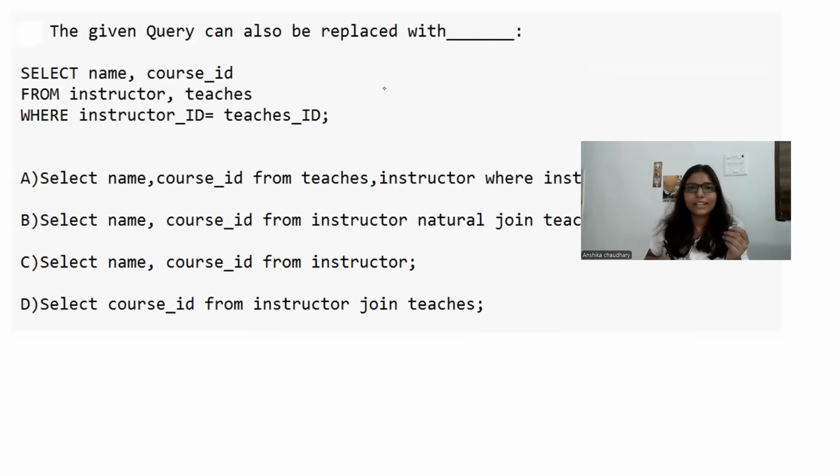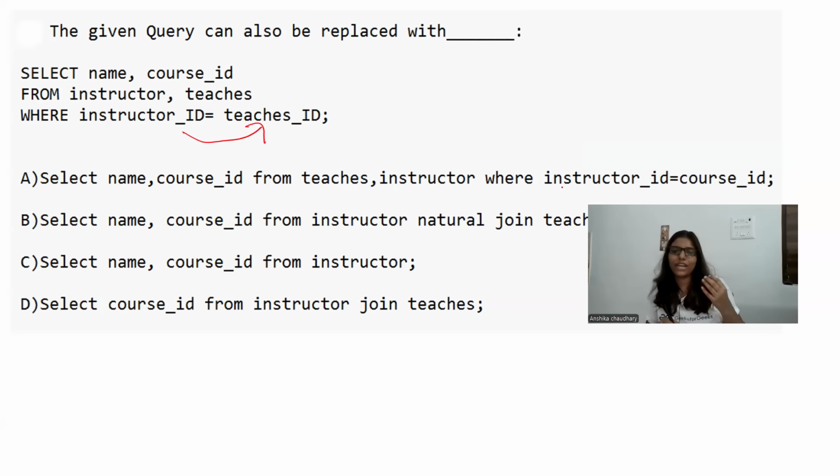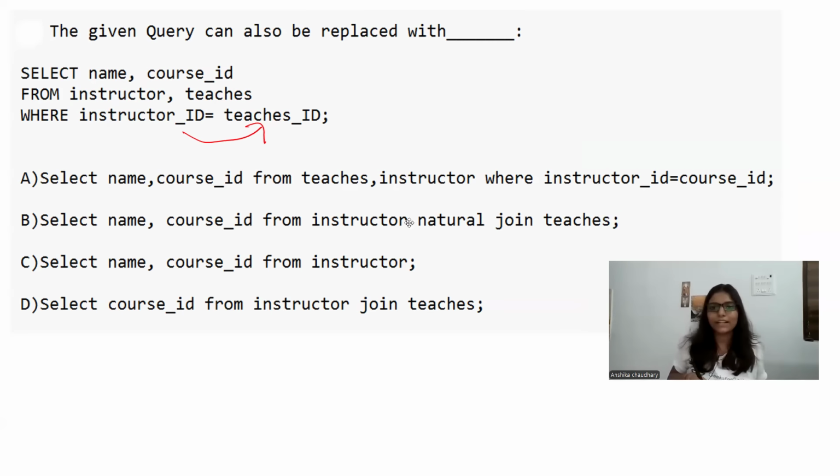The given query can also be replaced with: select name, course ID from instructor, teaches where instructor ID equals teacher's ID. So here the instructor ID will match the teacher's ID, which means these have the same ID. So the natural join concept will be applicable here, and natural join will be the correct answer.